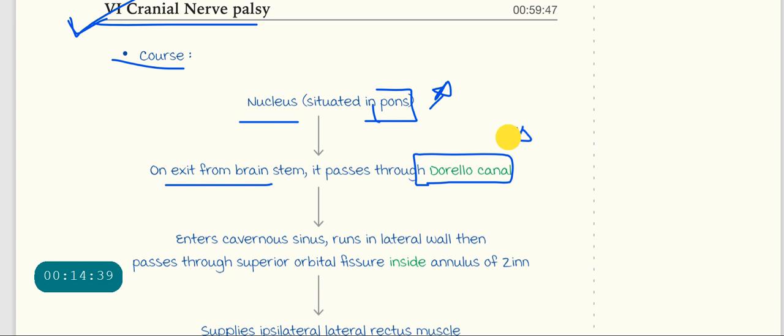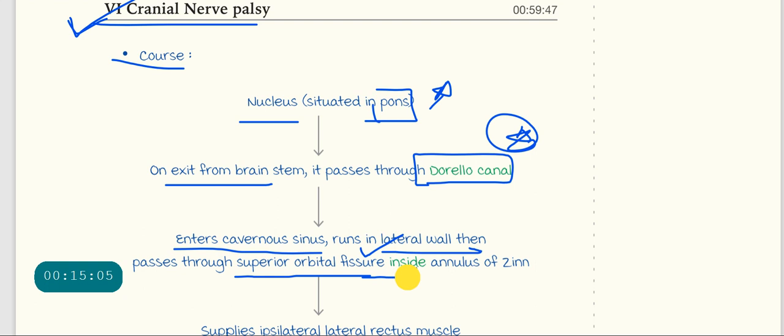Then it enters the cavernous sinus. It runs lateral to the internal carotid artery, then passes through the superior orbital fissure inside the annulus of Zinn. Another important point.